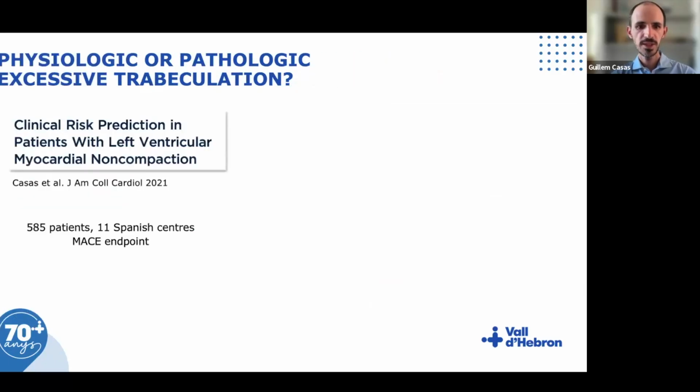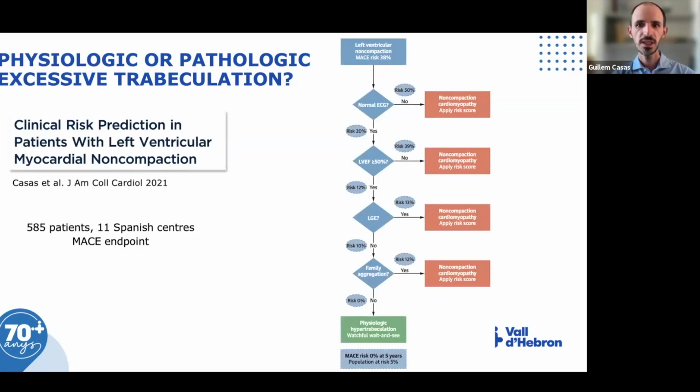With our group, we published a large multicenter study, and we described that even though the general risk of MACE in the overall population was up to 38%, when you considered individuals with a normal ECG, preserved ejection fraction, no late gadolinium enhancement, and no family aggregation, this subpopulation had no long-term events at all during a 5-year follow-up, suggesting they probably correspond to the physiologic or benign hypertrabeculation cases reported in the literature, not associated with an underlying cardiomyopathy.